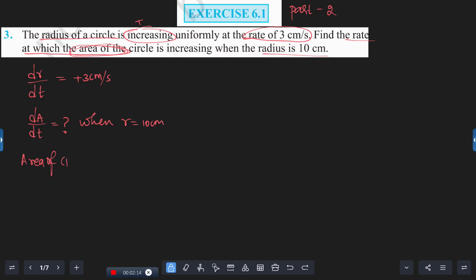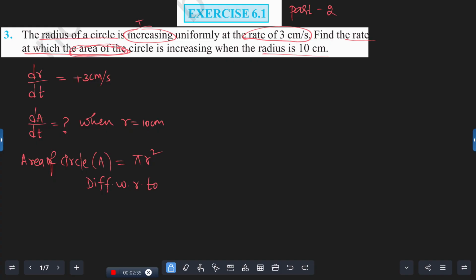Area of circle, that is area means capital letter A I will be taking. I said already, area of circle, do you remember? Pi r square. Now I am going to differentiate this. With respect to what do I want to differentiate?